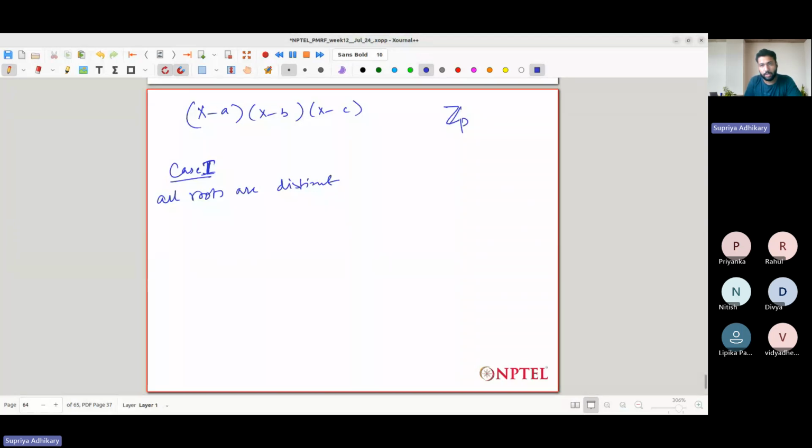Since Zp has only p many elements, that should be p choose 3. Case 2 is that two roots are distinct, two distinct roots basically.